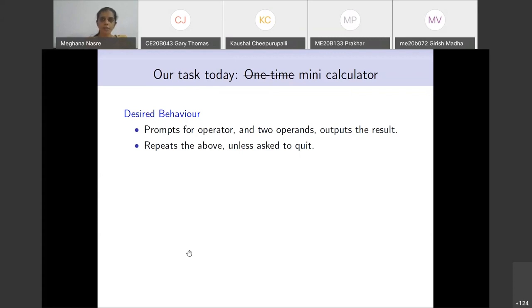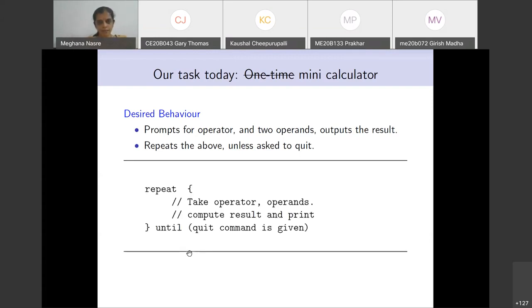I know that all of you are aware of the for loop, the while loop, and so on. So it's not new, but we are going to look at this particular task and look at the while loop in this context. At least when this task is given to us, the natural way you will think about it is you want to repeat some things.